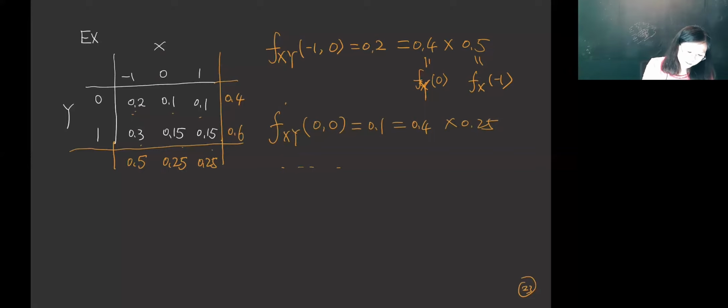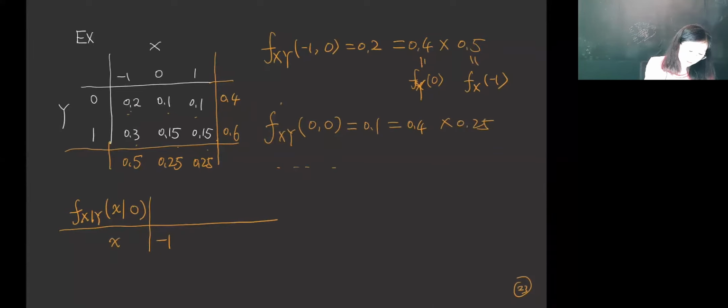To find the conditional PMF of x given y, at little x, given, say, y equals 0, for each value of x, for the value -1, we just look at the first row of the joint distribution and divide the first row by the marginal PMF of y at 0.